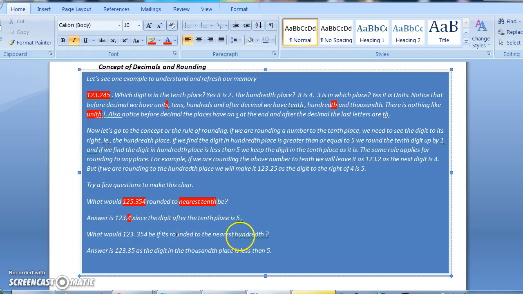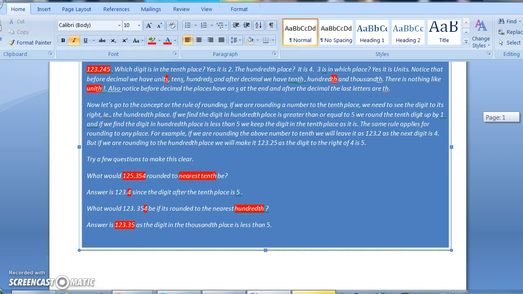If I round it to the hundredths, what would be the answer? Look at the hundredths place, which is 5. Look at the next digit, which is 4. Since 4 is less than 5, we do not do anything, we leave it as it is, and the answer is 123.35. Hope this concept of rounding is perfectly clear.